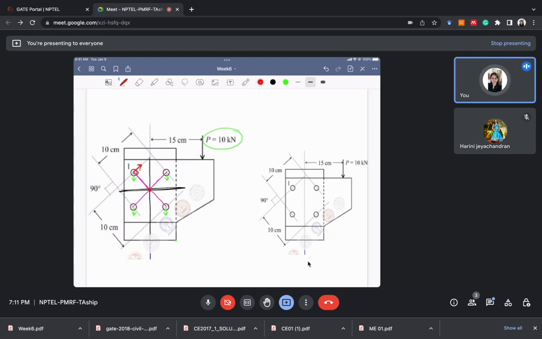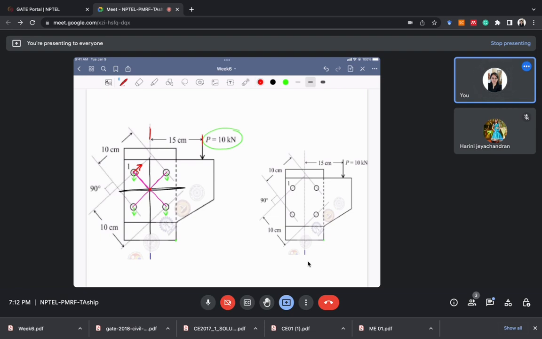And what is the direction of this arrow? The direction will be the same as the direction of the moment. In this system, this is the center line and this is the load. So in which direction is this load trying to rotate the system? Clockwise, right? Therefore the direction of this arrow will be along the clockwise direction.